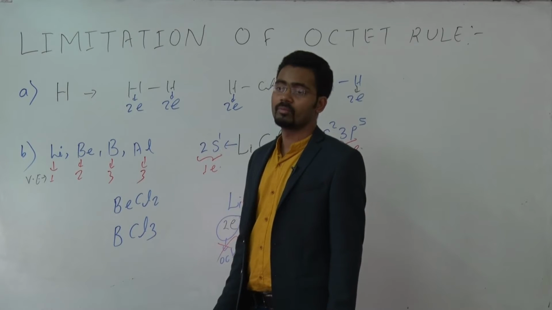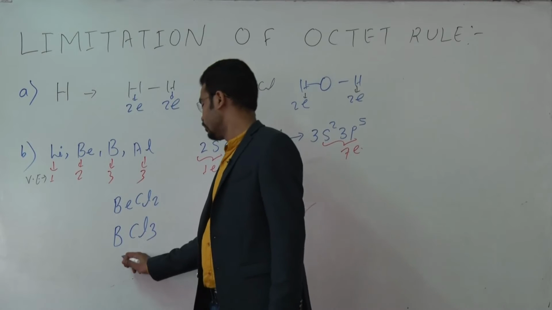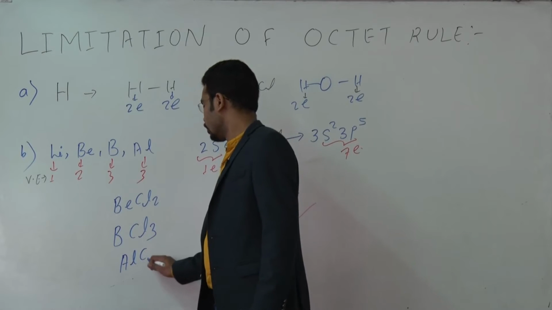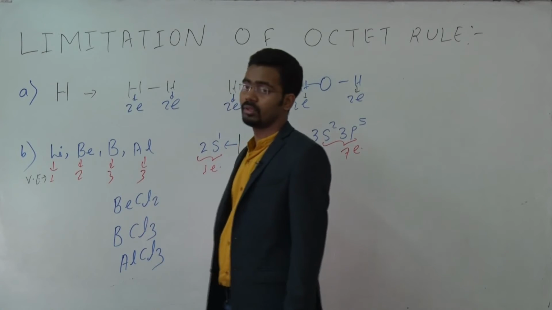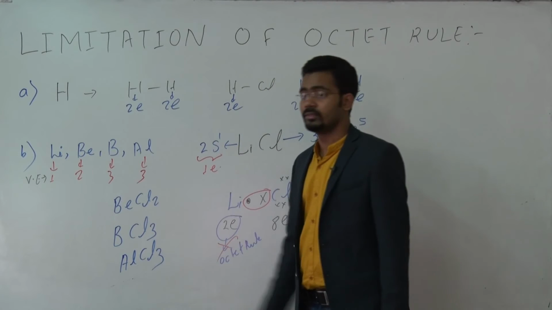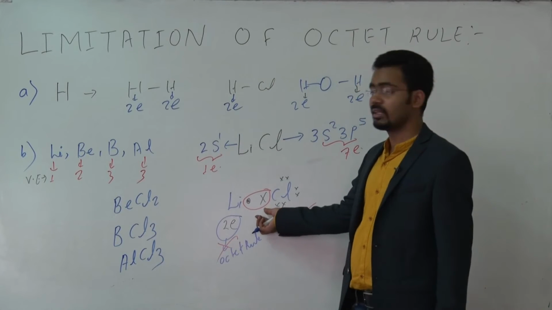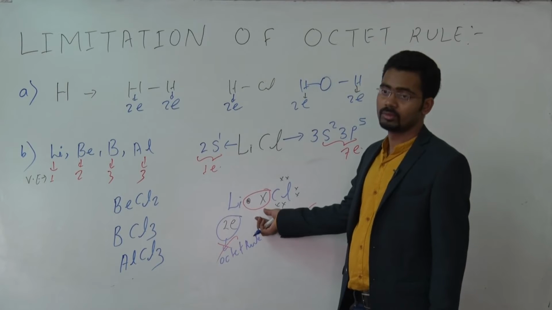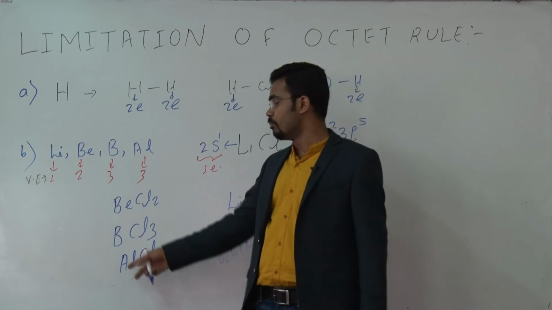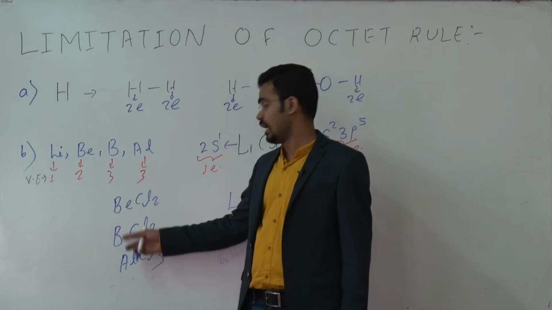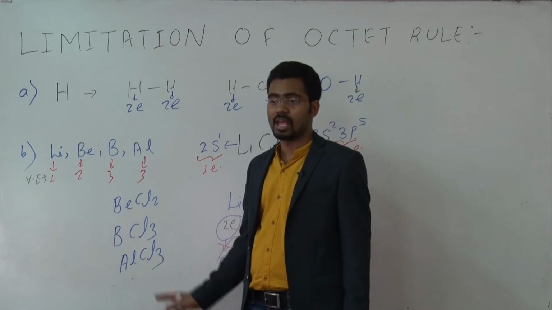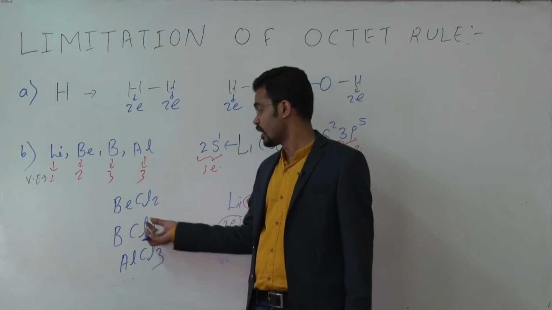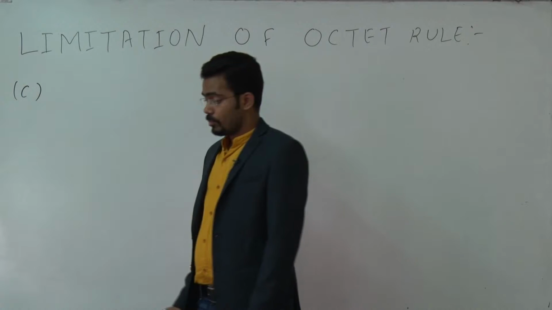Yes or no? Aluminum chloride, AlCl3. You can explain all these like lithium chloride. All have an incomplete octet, beryllium here, boron here, and aluminum here. Now draw the structure of BCl3 and AlCl3.